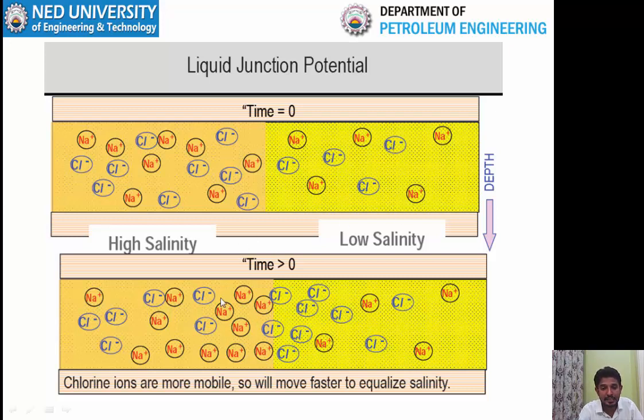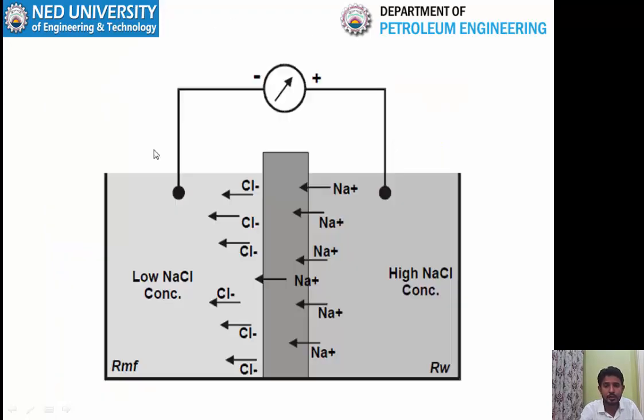But chloride ions are more mobile as compared to sodium ions. So at a given time, more chloride ions will move from the higher saline formation to the low saline fluids. So this is basically the case when two fluids of different sodium chloride concentration come in contact.